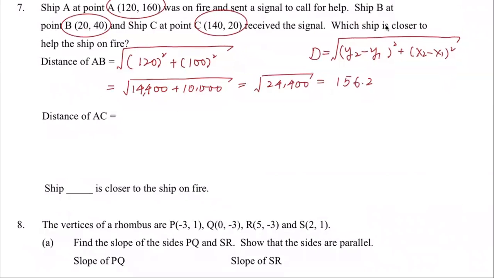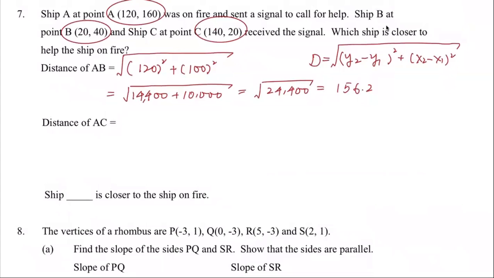What about the distance of AC? Distance of AC is equal to 120 minus 140. That's minus 20. Minus 20 squared. Plus 160 minus 20, that's 140. 140 squared.